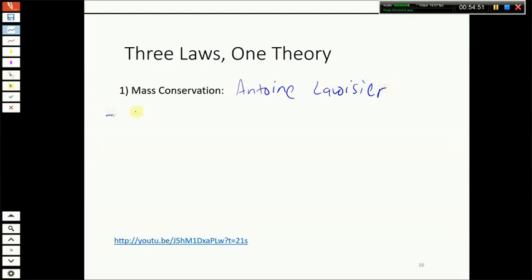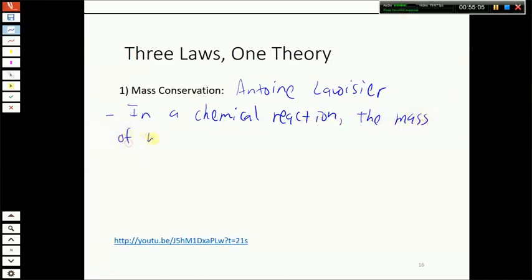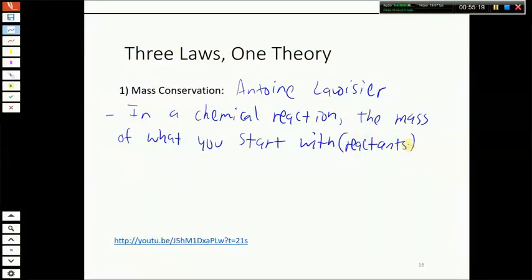And so this statement is that in a chemical reaction, the mass of what you start with, which we'll in future refer to as reactants, is equal to the mass of what you end up with.